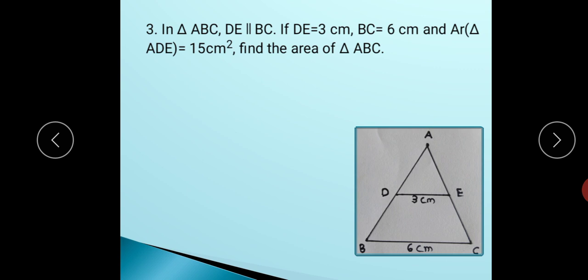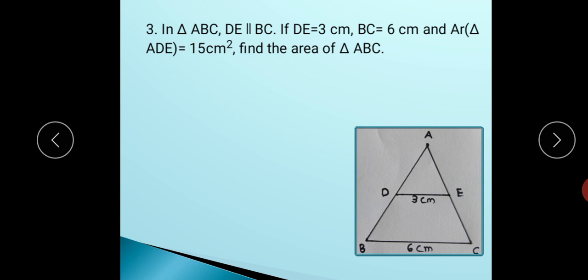You are given the area of one triangle and the corresponding side of both the triangles. So you can use the areas of similar triangles theorem here, but the problem is you are not given that the two triangles are similar.